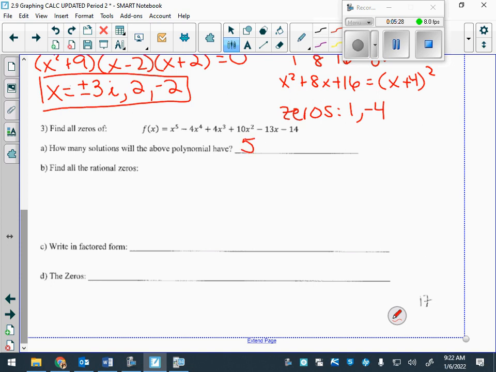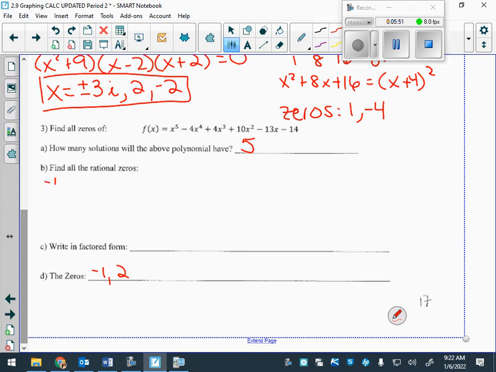What were some that you found? Jaden? -1 and 2. Okay. Anything else with -1? Jaden? It did have a multiplicity of 2.